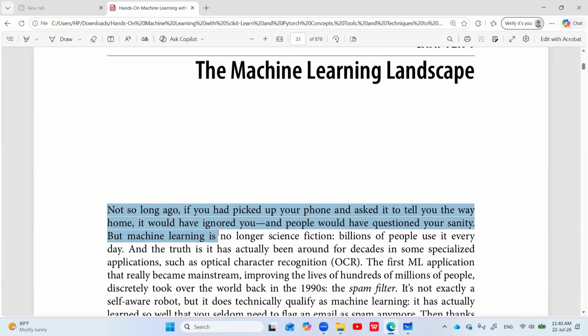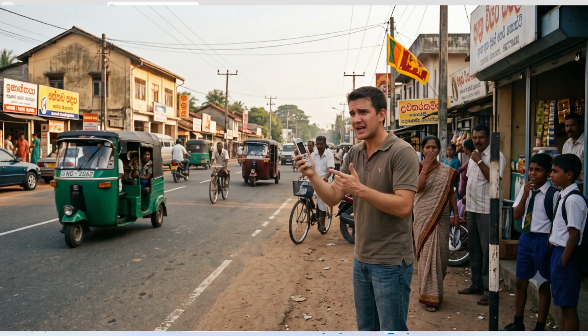If you asked one to show the way home, it would basically ignore you. And if somebody heard you asking that sort of question of a phone, they would think you had gone crazy, right?